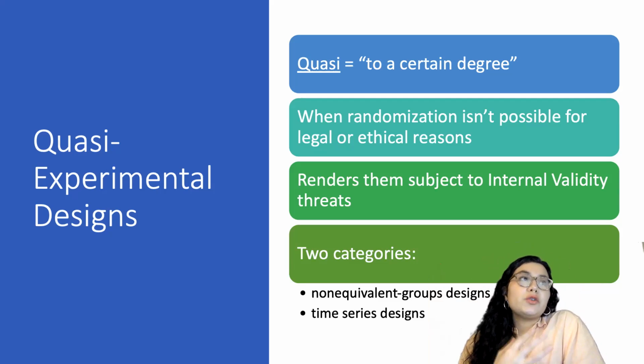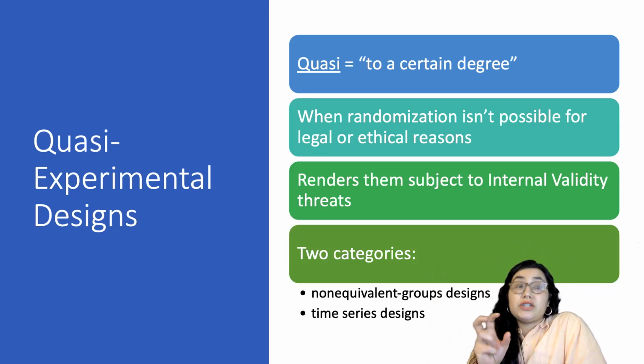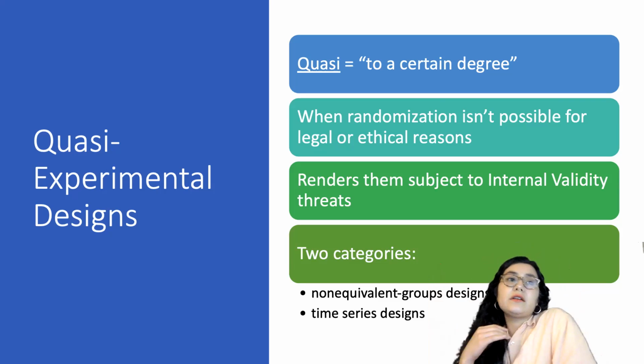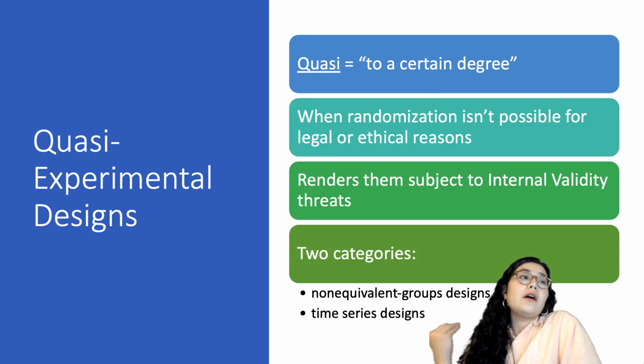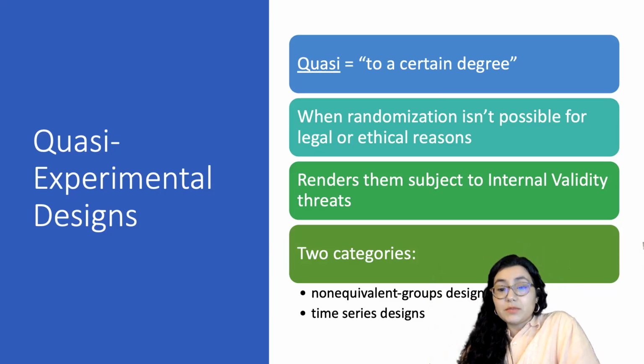Non-equivalent group designs are whenever experimental and control groups are not equivalent, so we have to select subjects in a way that makes the two groups as comparable as possible. And then time series usually has a time component in our design. A common example is longitudinal studies, which we talked about in the first lecture about time and causation.